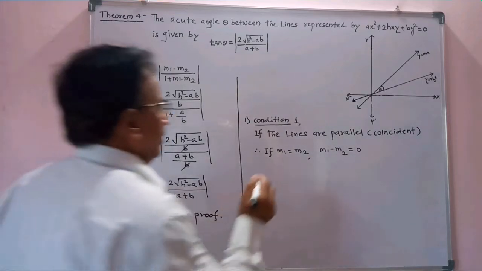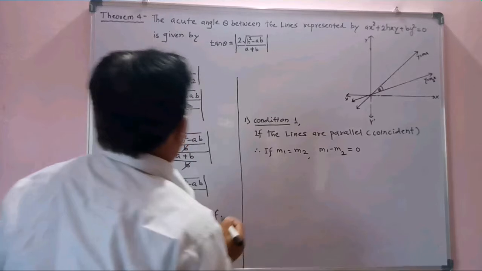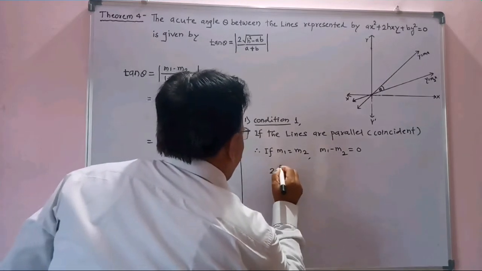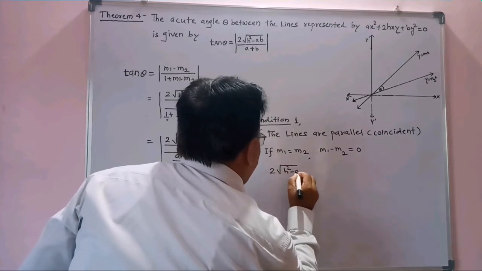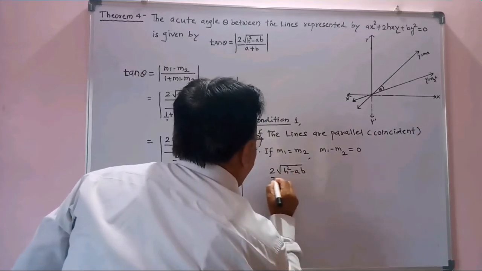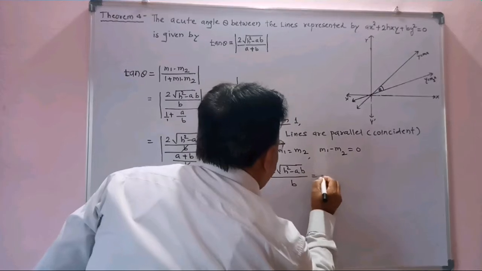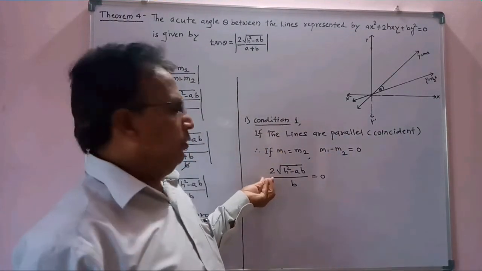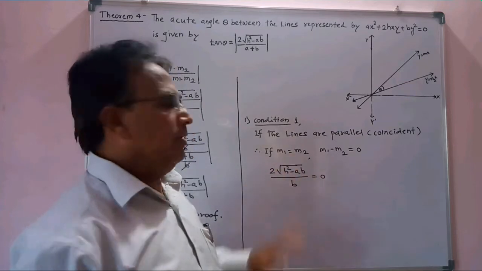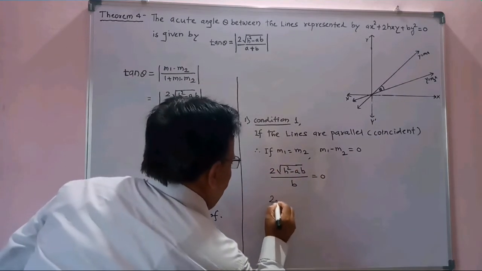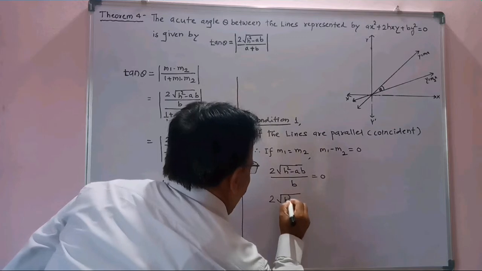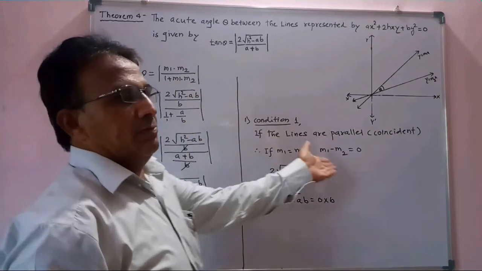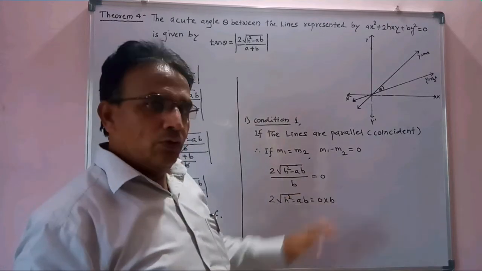The value of m1 minus m2 is 2 into root h square minus ab divided by b, equal to 0 on the right side. Therefore, 2 into root h square minus ab equal to 0 into b, transposing b to the right side.